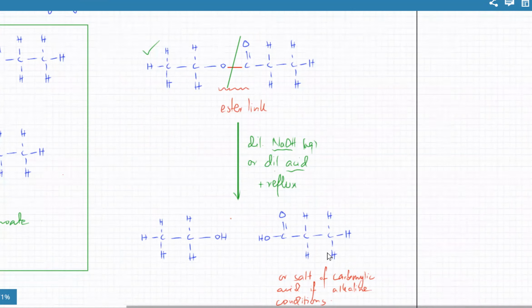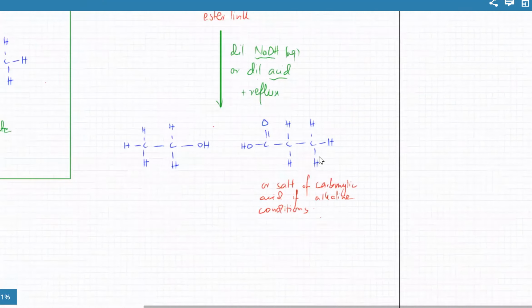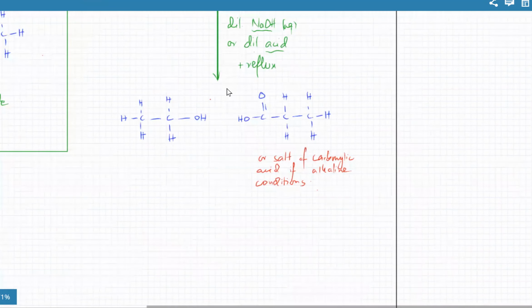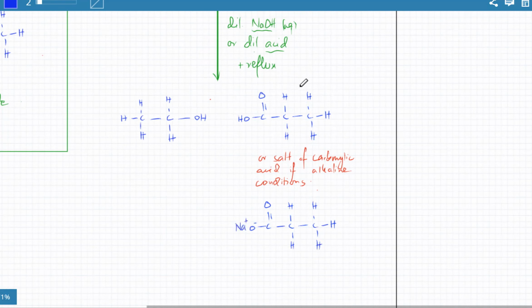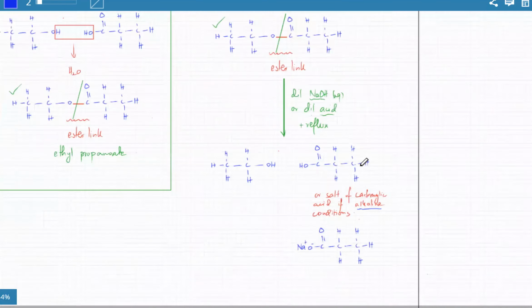You do the reverse. You heat it with a dilute alkali or dilute acid. Now the thing with alkaline hydrolysis is that instead of the carboxylic acid, under alkaline conditions the NaOH, or whatever alkali you're using, ends up reacting with the carboxylic acid to form a salt. So you're not going to get the carboxylic acid, and that is true under alkaline conditions only. So you have to be careful with this.